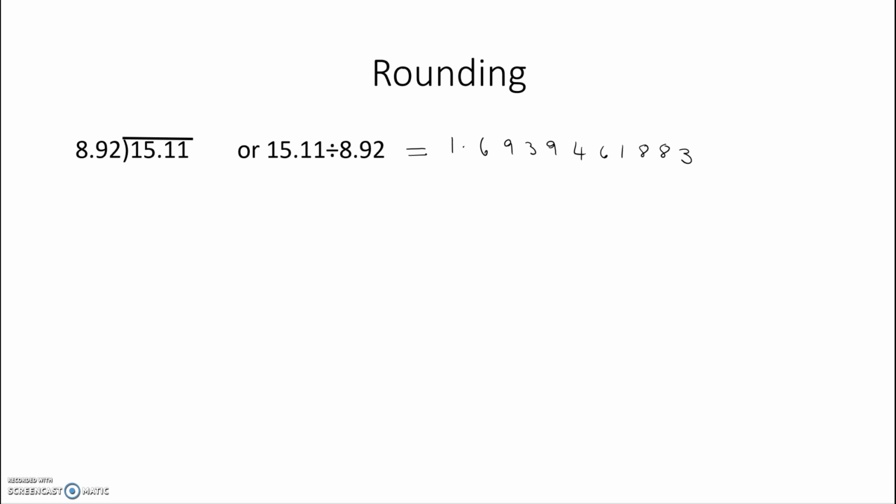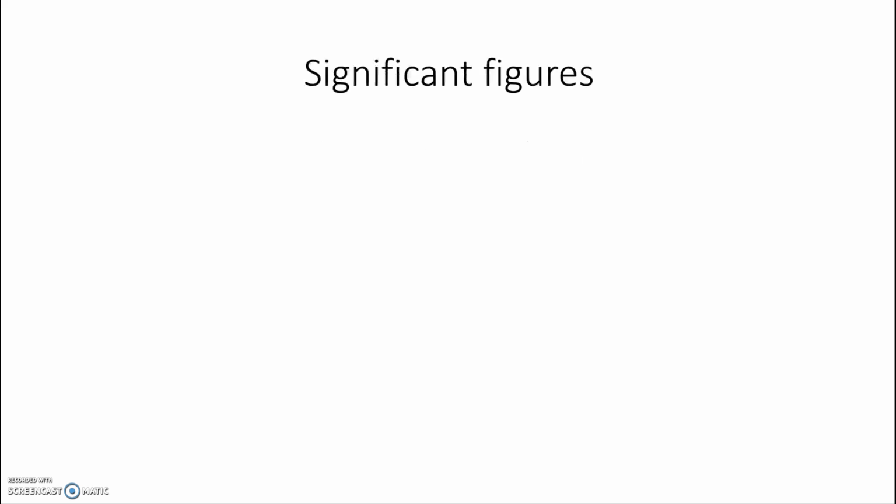So to make such numbers more manageable or more reasonable, we can round them either to a specific number of significant figures or to a specified number of decimal places. So let's have a look at significant figures first up. Significant figures are counted from the first non-zero number starting from the left.